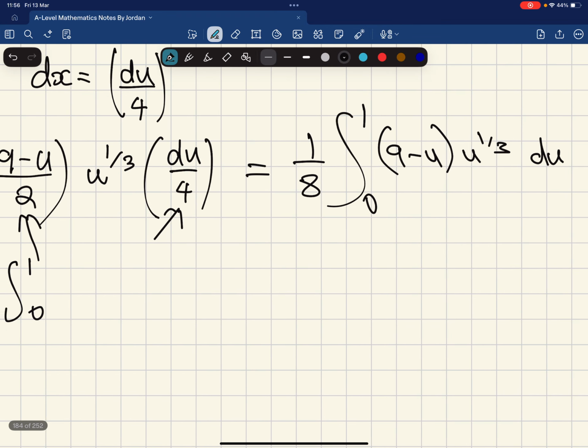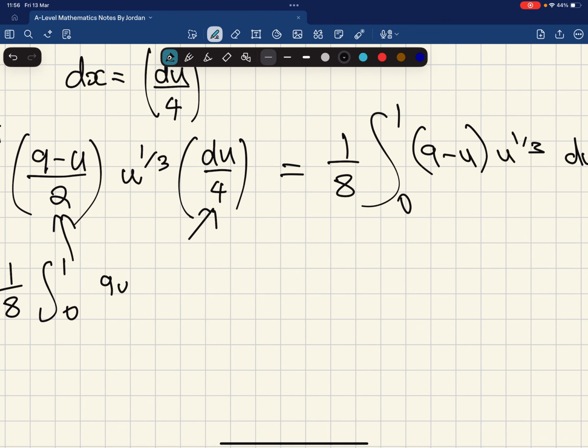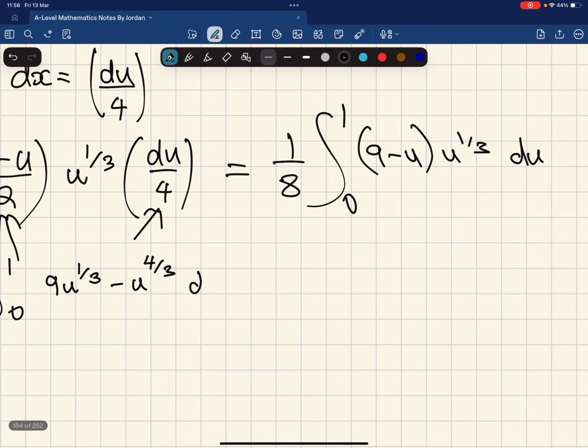We have 9 times u to the 1/3, so that's 9u to the 1/3. Sorry, 9u to the 1/3, I should have said, not half. And then we have minus u times u to the 1/3. That will be minus u to the power of 4/3, and then du.